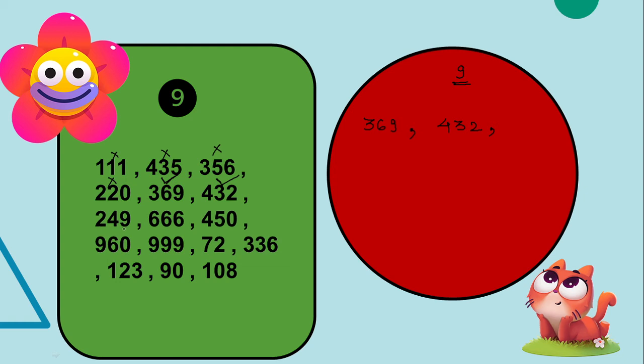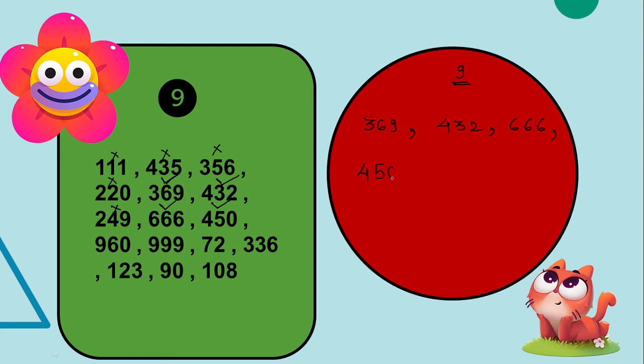Then let's add 249. 2 plus 4 is 6, and 6 plus 9 is 15. It won't come in the table of 9. Then 6 plus 6 plus 6 is 18, and it has to come in the table of 9. So the next flower in the basket 9 is 666. 4 plus 5 is 9, and 9 plus 0 is again 9.